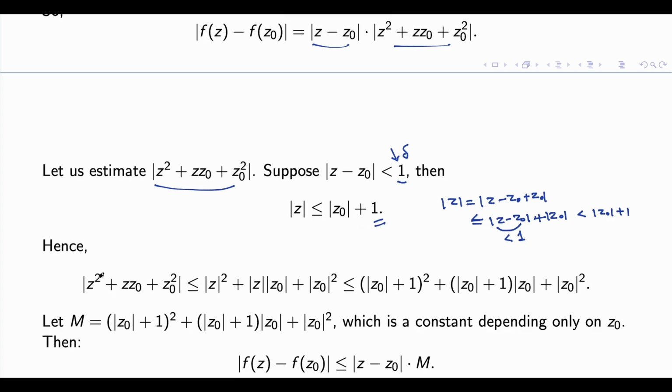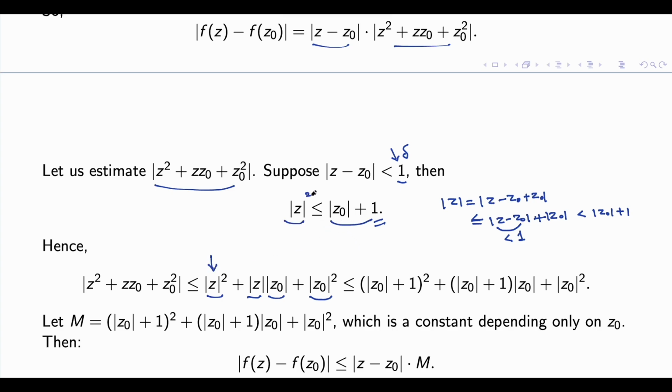You see here |z² + z z₀ + z₀²| is less than or equal to, again by the triangle inequality, |z|² + |z||z₀| + |z₀|², right? And then what is the value of |z|? So I'm plugging in this value.